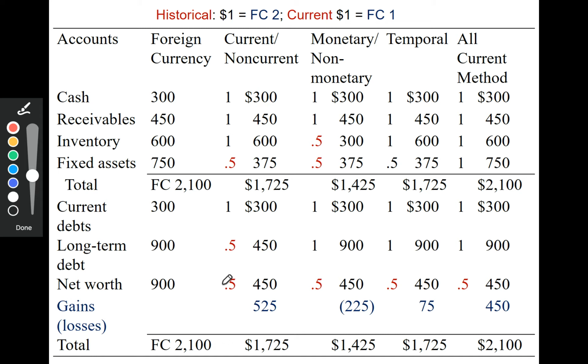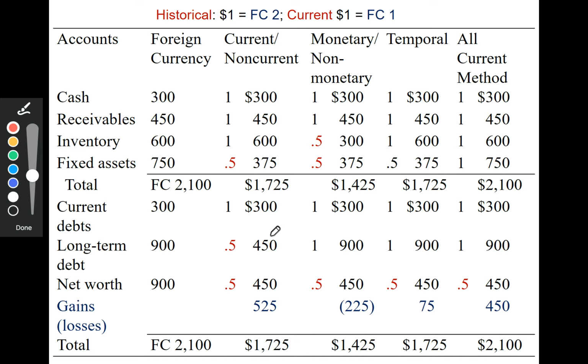Of course, you could also say that equity is long-term, so it's non-current, and we multiply by half. Then we go to next step and start to actually multiply. Imagine that these numbers are not there, so you multiply 1 by 300 and you get $300. You multiply half by 900 foreign currency, and half of 900 foreign currency becomes $450.